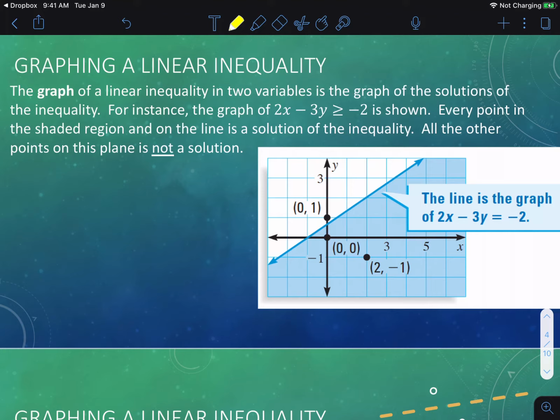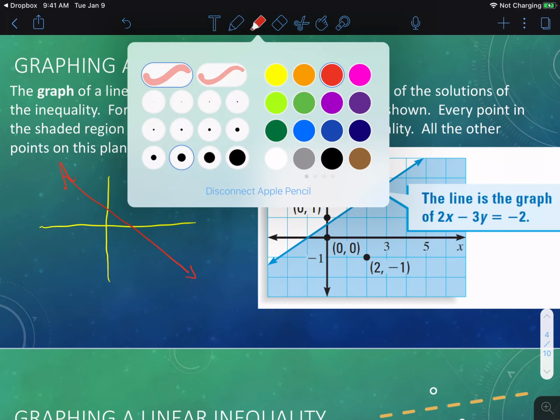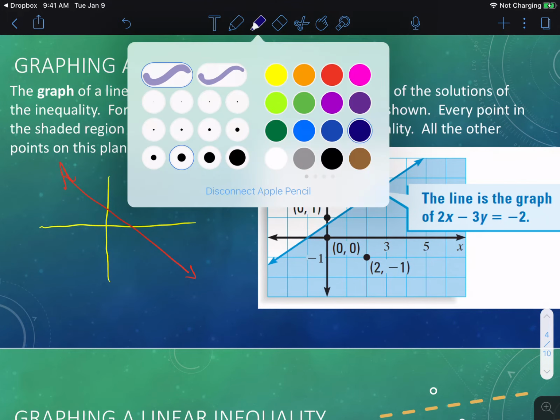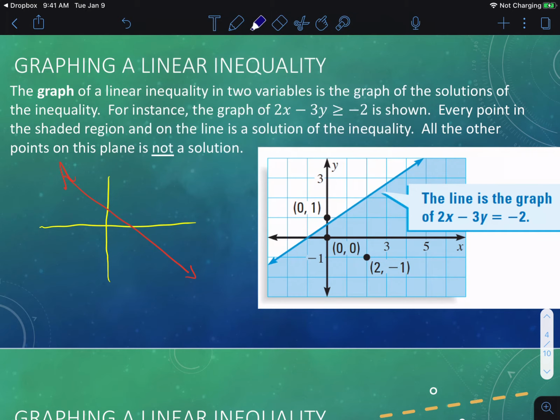Whenever you're talking about the coordinate plane, you have to realize that any line that you draw really breaks the plane up into two parts, into two halves. And let me just demonstrate that a little bit. If I want to show what those two halves look like, there's this side of the plane.